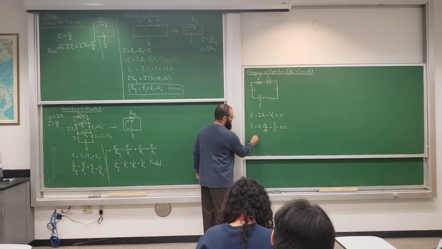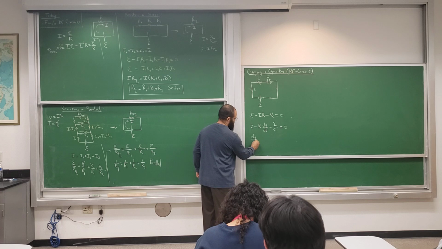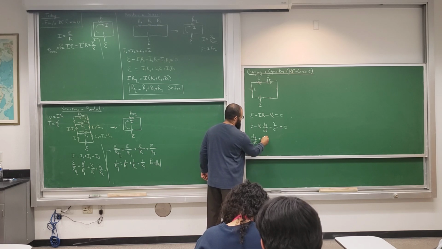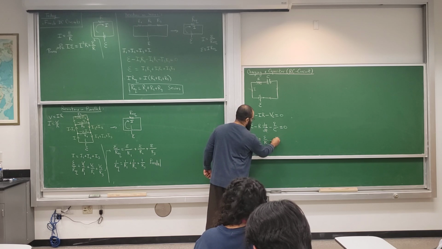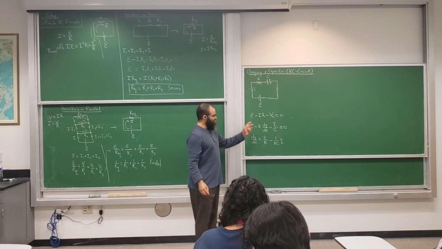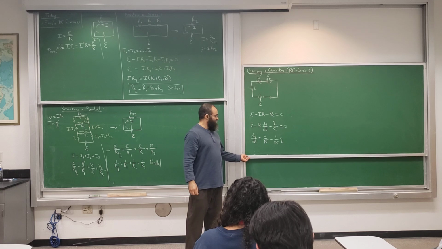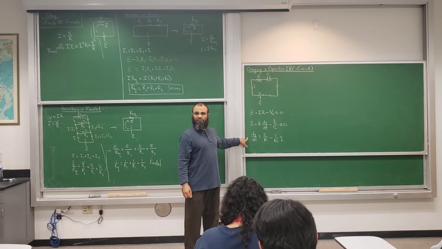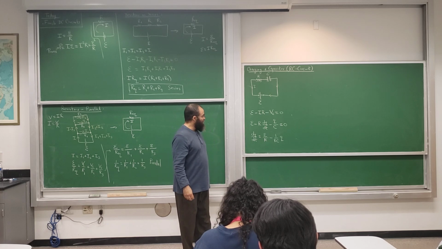I would have dq dt is equal to E over R minus 1 over RC times Q. I just moved and divided by R.